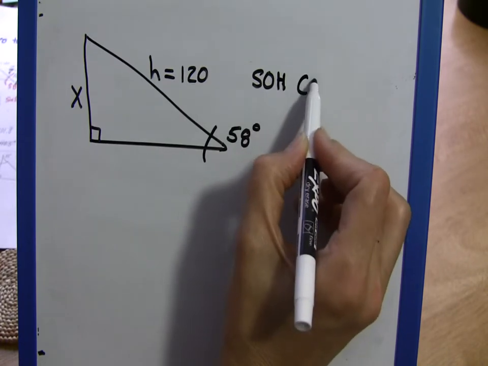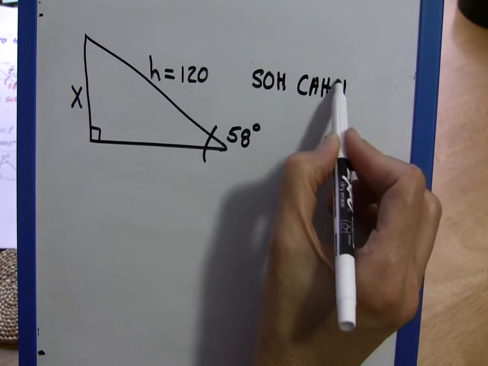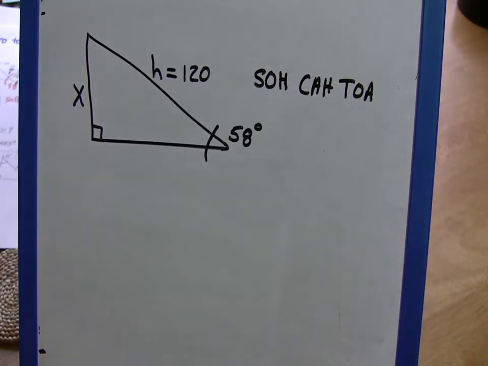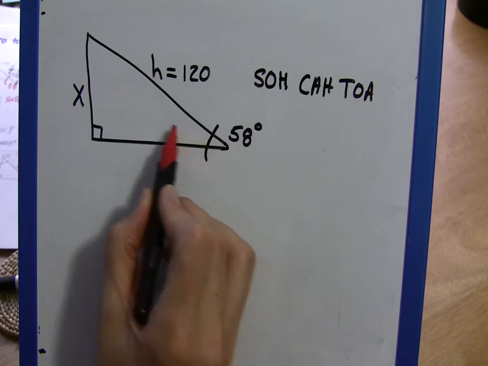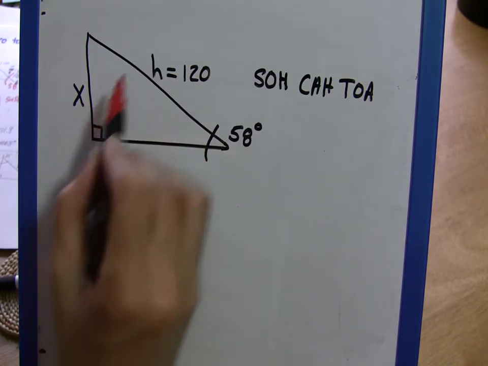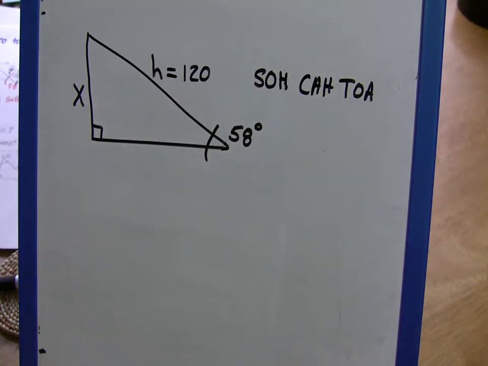Cosine, which is adjacent over hypotenuse? Or tangent, which is opposite over adjacent? Well, here's our angle, 58 degrees, and the side opposite that. So I have to deal with the opposite, and I'm also given the hypotenuse. Looks like sine will work.